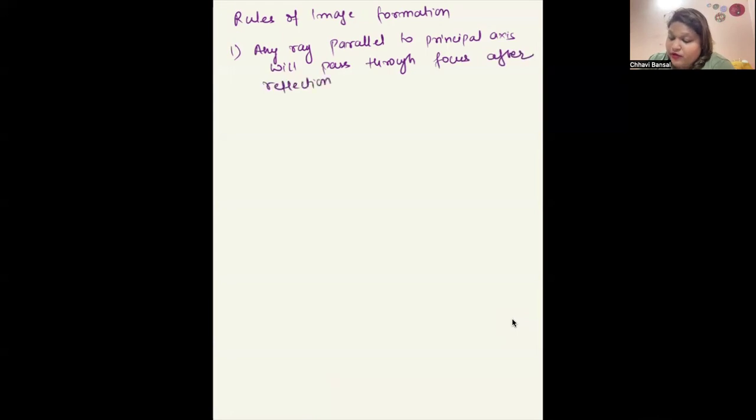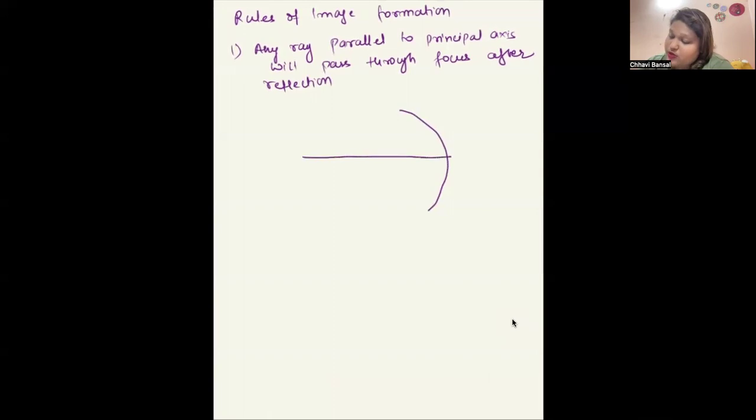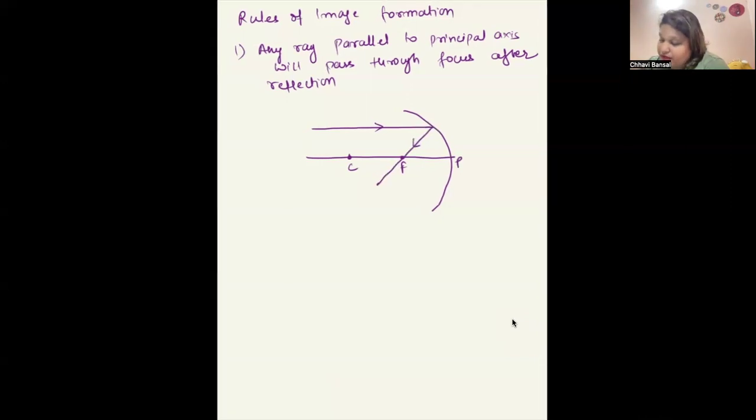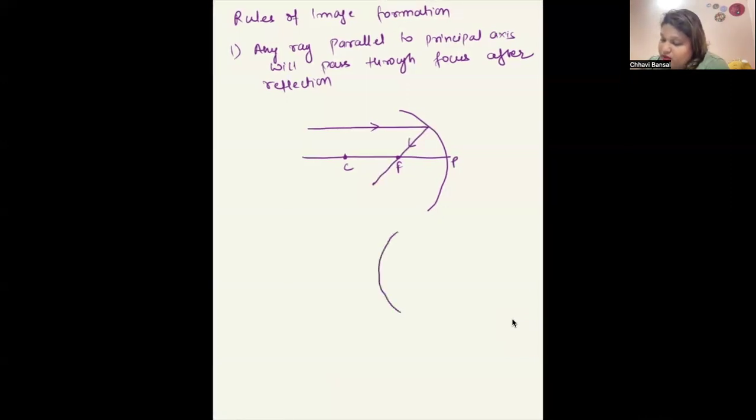What do I mean? For example, this is a concave mirror, right? This is the principal axis. This is the center of curvature, P. This is the focus. Any ray, this is the ray which is parallel to the principal axis. After reflection, it will pass through the focus. In the same way for the convex mirror.